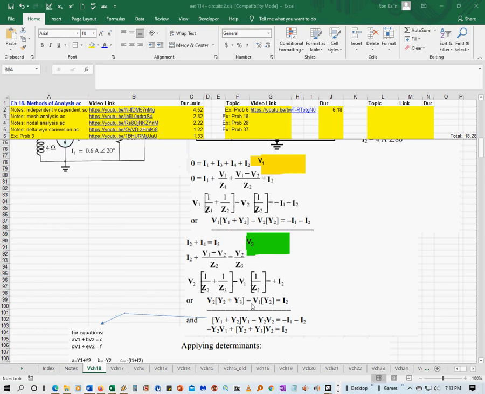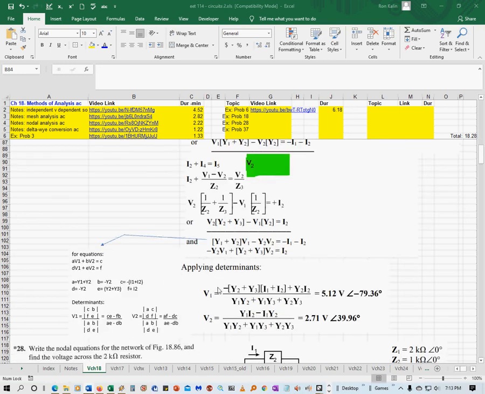I don't like the fact that they should have put V1 first, put this term over here for clarity. But they simplified it, and again they used admittances: 1 over Z2 is Y2, 1 over Z3 is Y3.